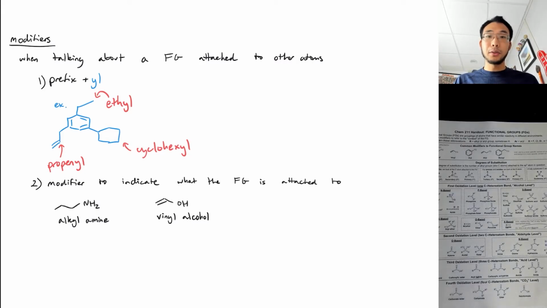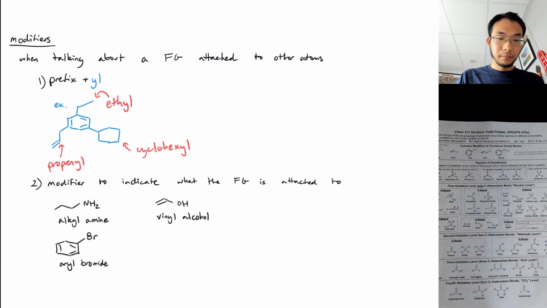If it's attached to a double bond directly, then that falls under a vinyl category. So I would call this one, for example, a vinyl alcohol. If the double bond the functional group is directly attached to is part of a so-called aromatic ring, then we would use the word aryl to indicate that it's an aromatic ring that's attached. So this is an aryl bromide.